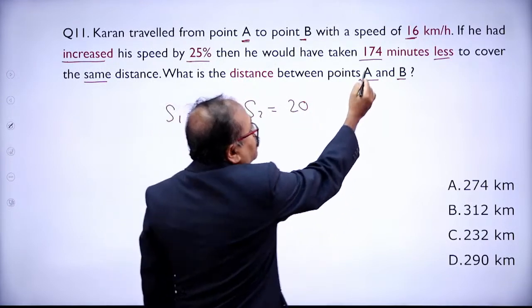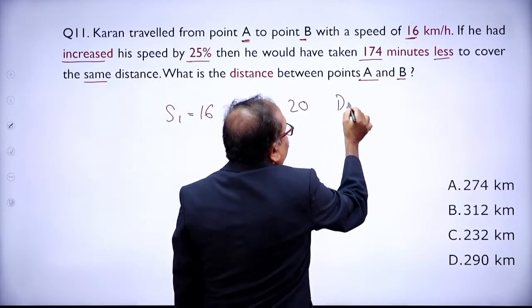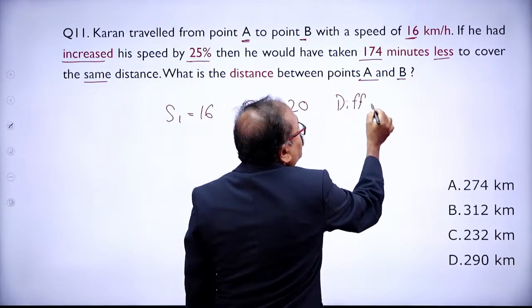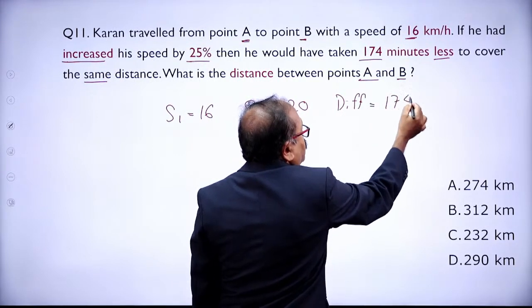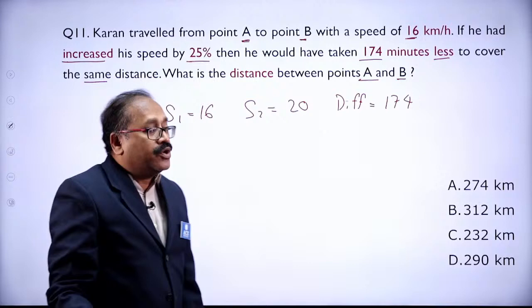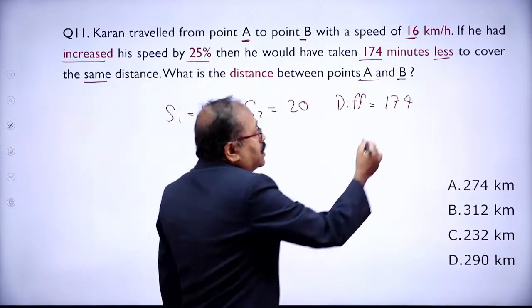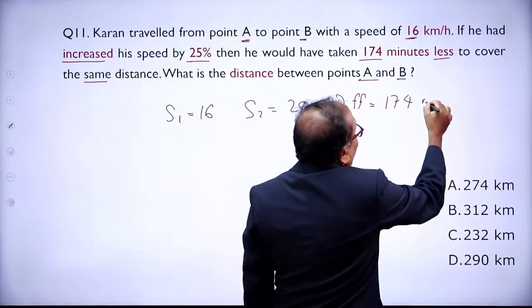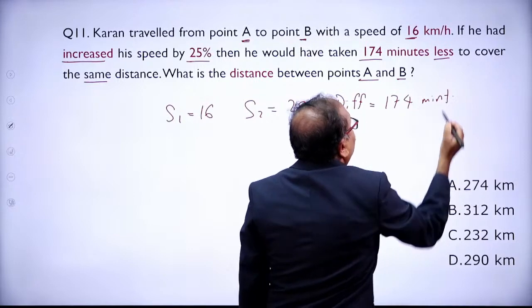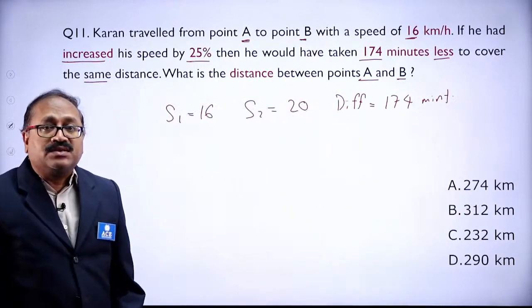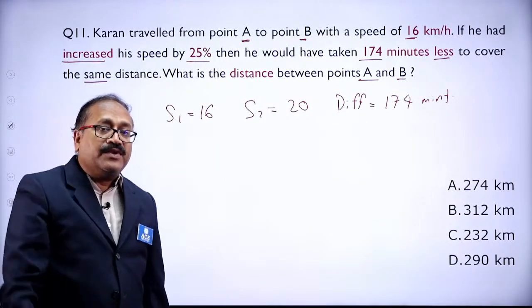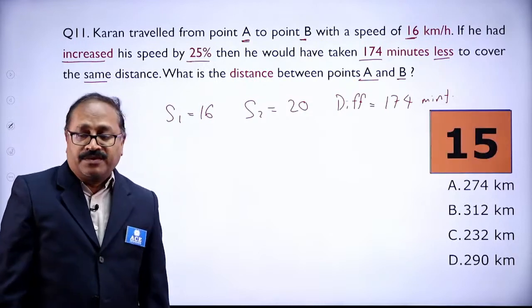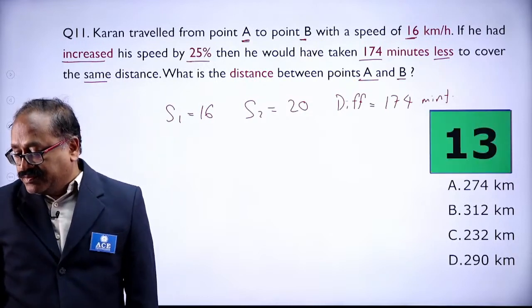Then he takes how much time less? The difference of time is also given to us. Don't write the question. I am writing this from the explanation point of view. The difference of time is 174 minutes. You are asked to find out the distance. From here, I will give 15 seconds for you to respond. Come on, my friends.